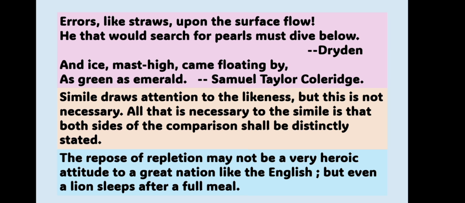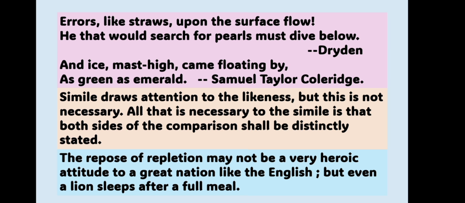Number 3. And ice mast high came floating by, as green as emerald by Samuel Taylor Coleridge. In this example, ice is compared to an emerald, which are also the objects of different kinds.